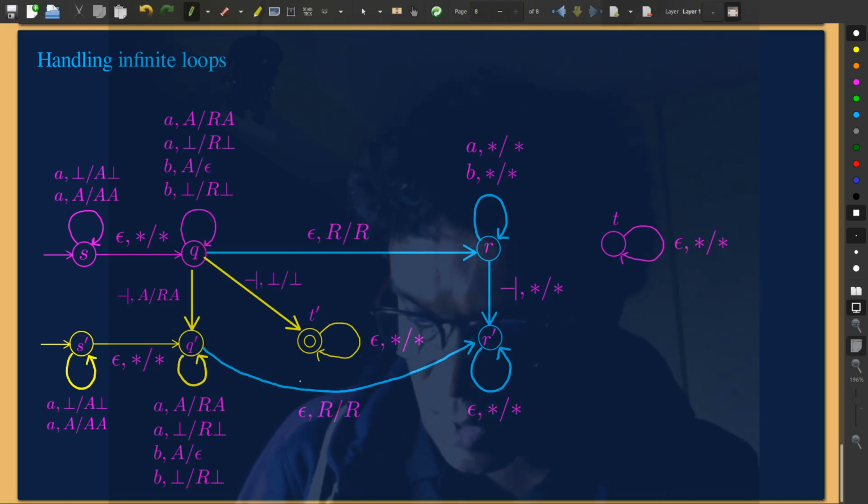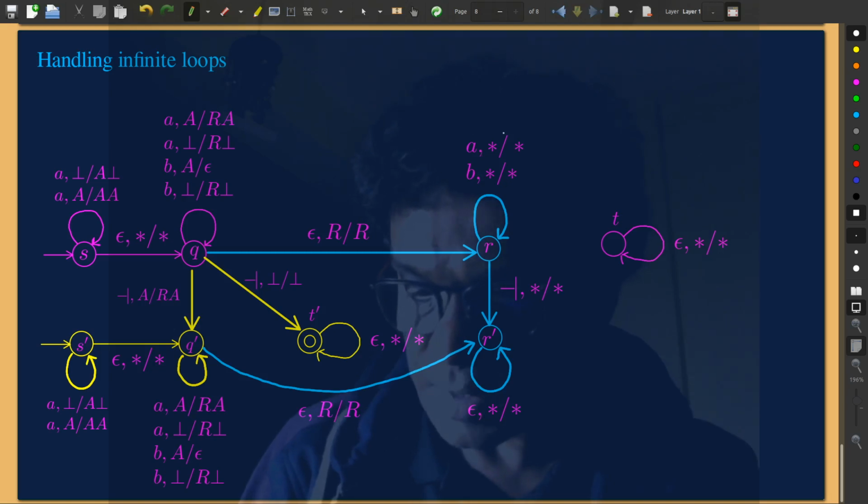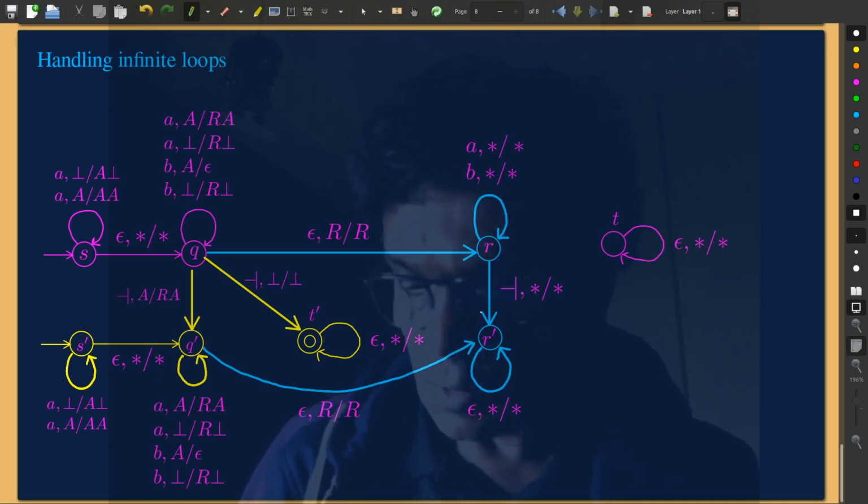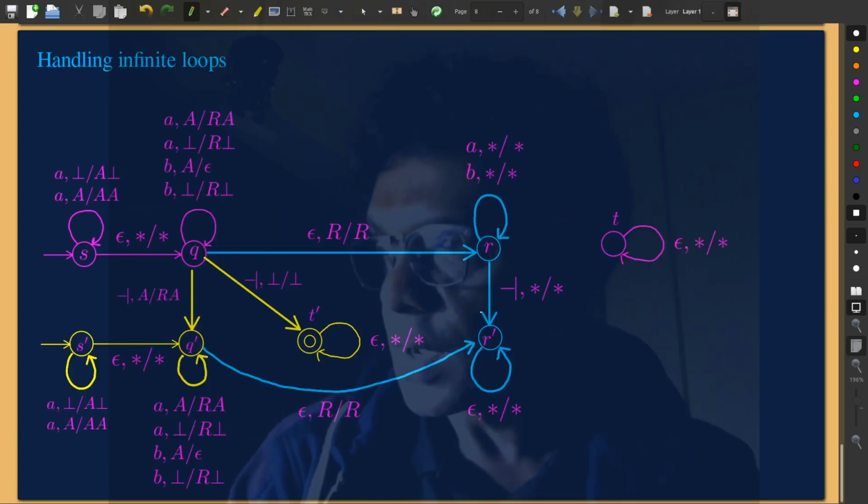So now this will simply jump to R prime here. And otherwise it will come here, read the rest of the input, A's and B's, without modifying the stack. Eventually this marker will come, it will read it and jump to R prime.